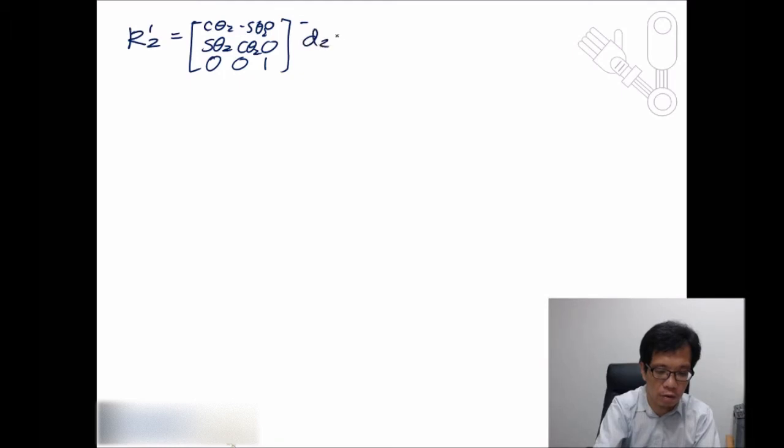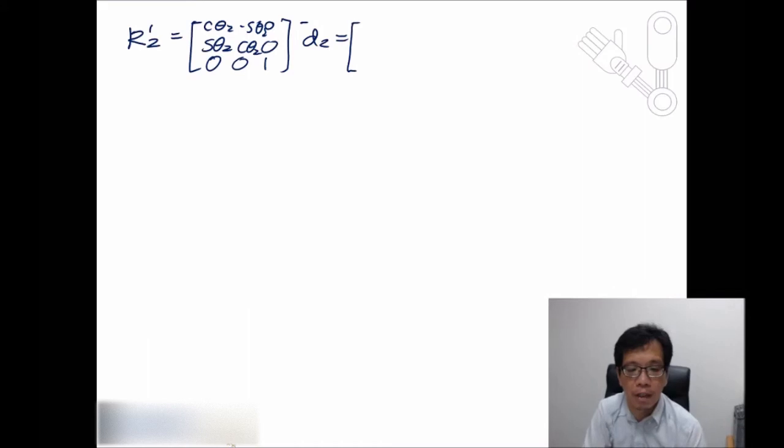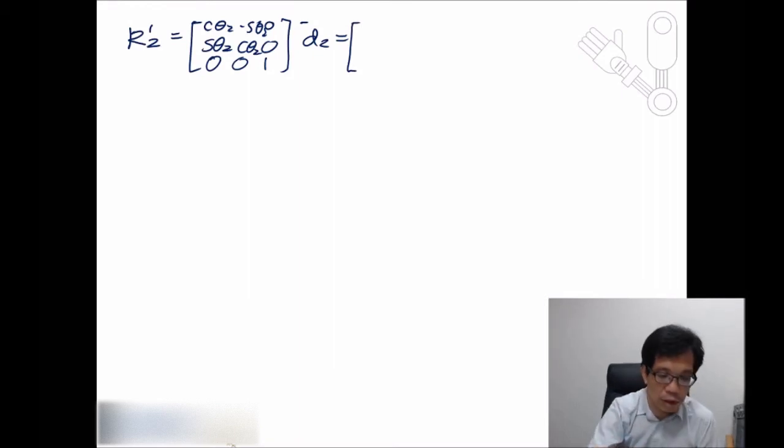And D2, we do have some kind of a movement or offset between the first joint, the second joint and the third joint. So we're going to have 0, 0, D2.